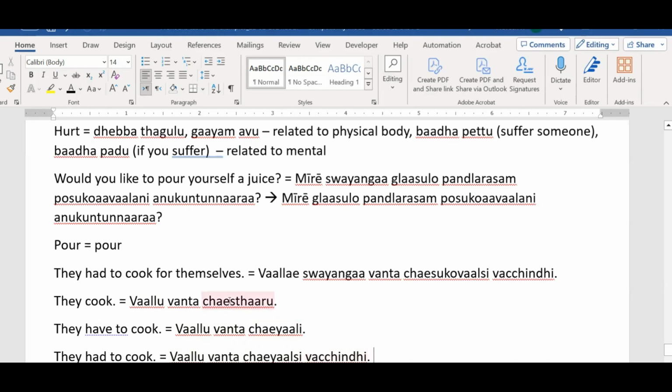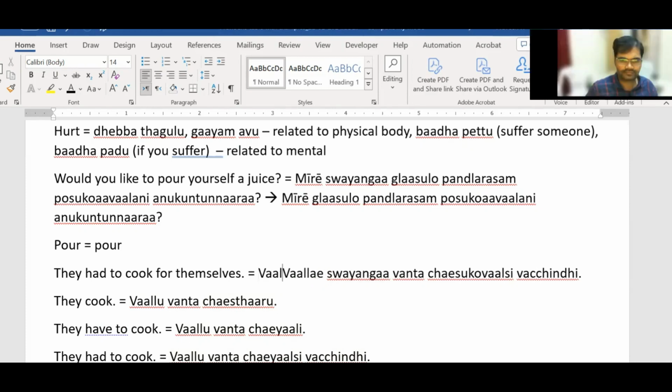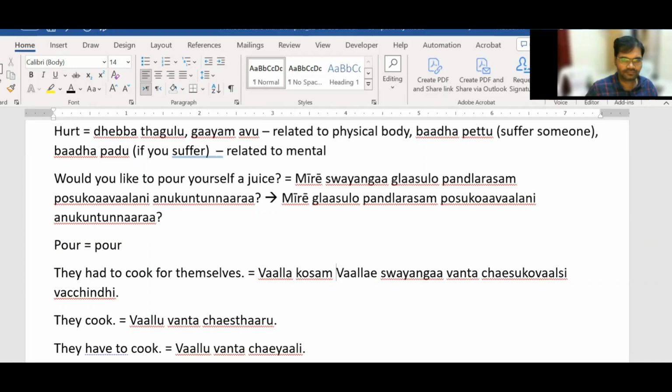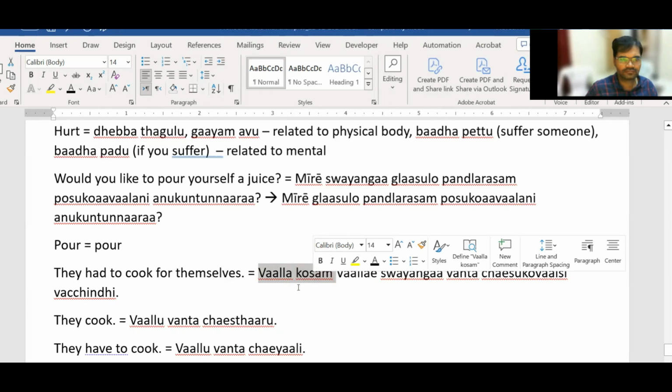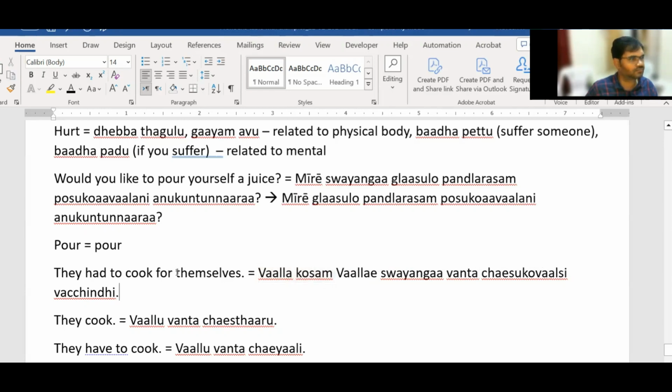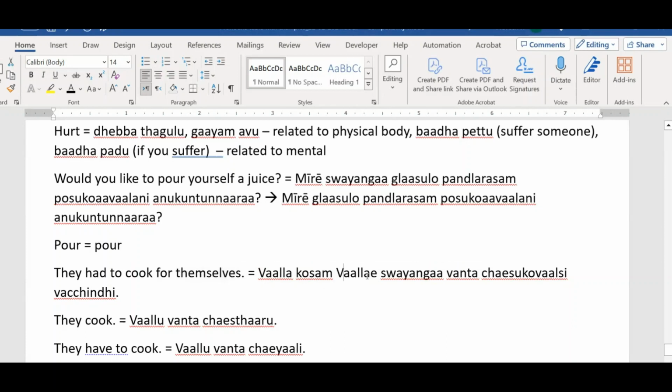So similarly, for themselves means they have to cook for themselves. స్వయంగా, for themselves. Themselves means వాళ్ళ కోసం వాళ్ళే స్వయంగా. వాళ్ళ కోసం వాళ్ళే స్వయంగా వంట చేసుకోవాల్సి వచ్చింది. So for themselves means వాళ్ళ కోసం వాళ్ళే. But why I mention two things here: for indicates వాళ్ళ కోసం. They means వాళ్ళు, for them means వాళ్ళ కోసం. Here especially themselves means వాళ్ళే స్వయంగా.